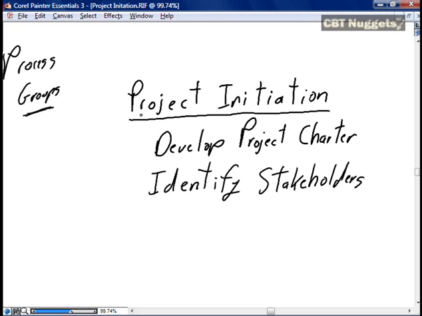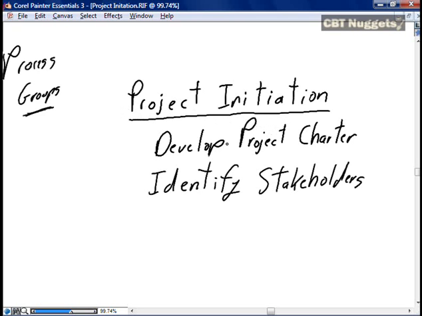Now, the PMBOK guide also very strongly differentiates between these process groups and a project lifecycle. Project initiation is what we as project managers do during project initiation. It is not necessarily a phase in a life cycle. As a matter of fact, it differentiates strongly from that in that we should be doing project initiation at the beginning of each major phase in our life cycle.